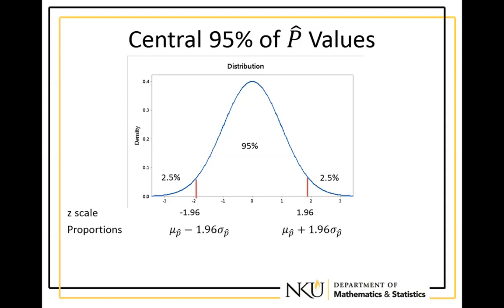In terms of proportions, negative 1.96 in terms of a z-score just means the original value is 1.96 standard deviations below the mean. So if we take the mean, mu sub p hat, subtract 1.96 times the standard deviation of p hat, that would be the location on the proportion scale.